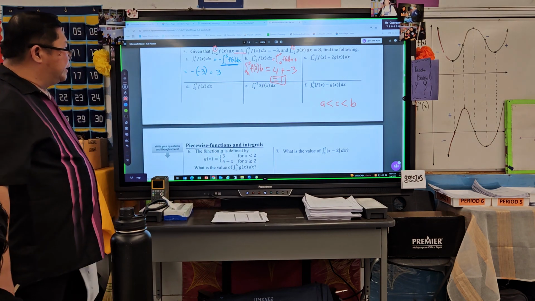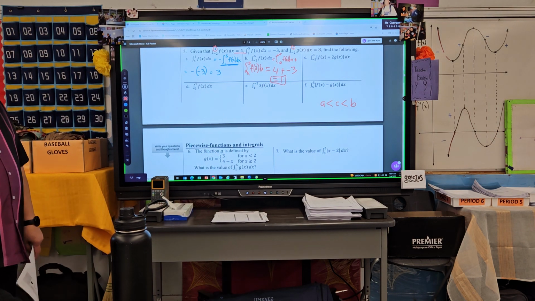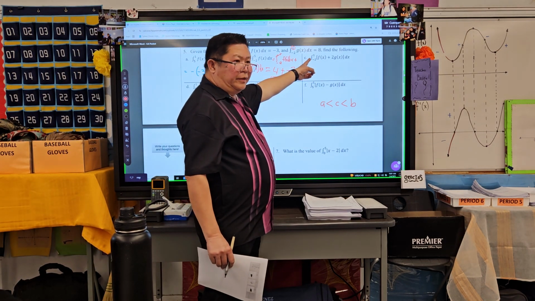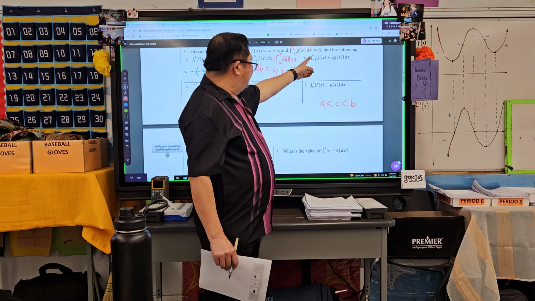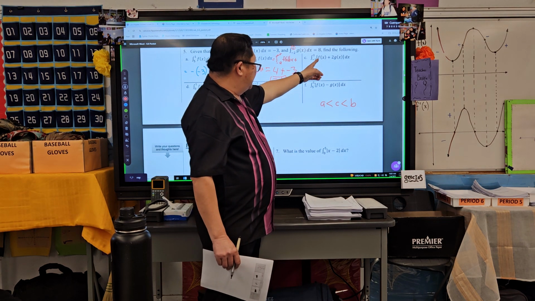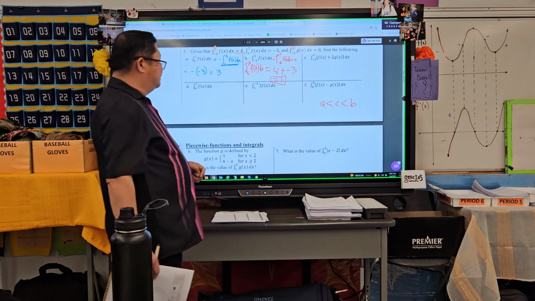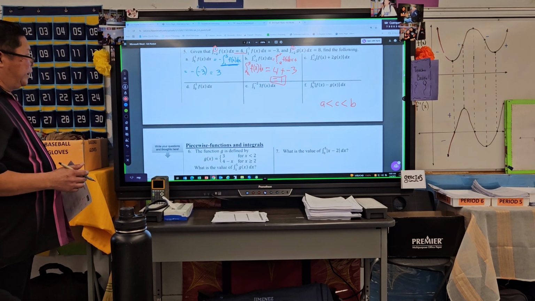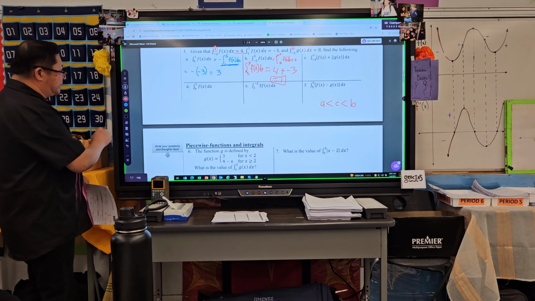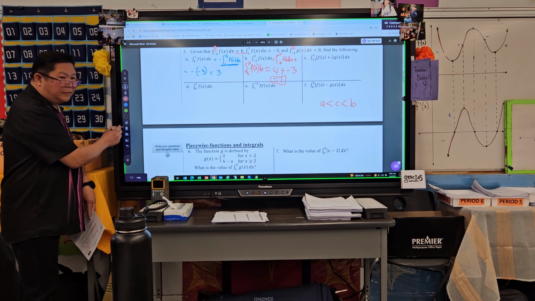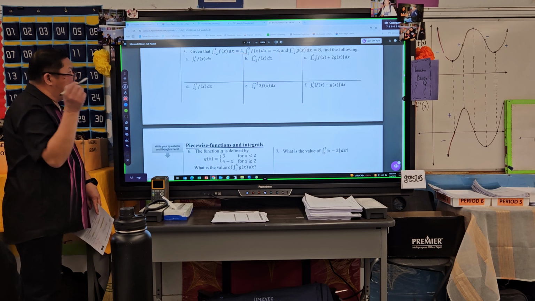Okay. So, how about letter C? The integral from negative 2 to 1 of f of x plus twice the g of x dx. Okay, can I clear this? Everybody's done? Okay.